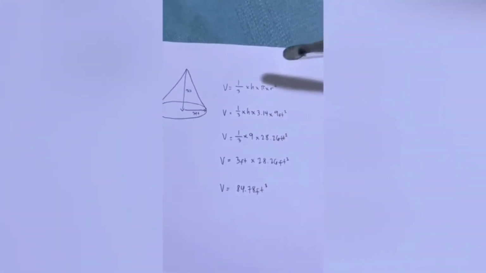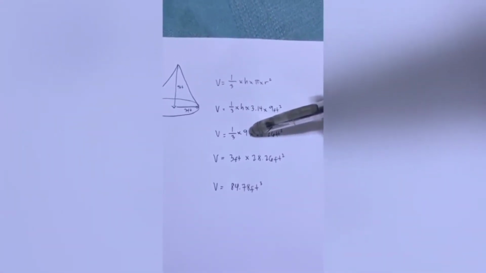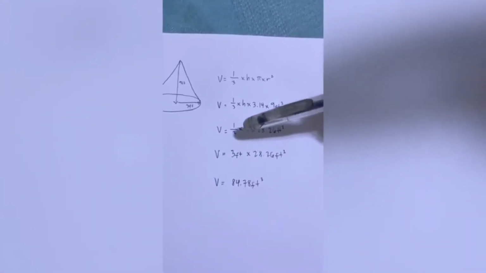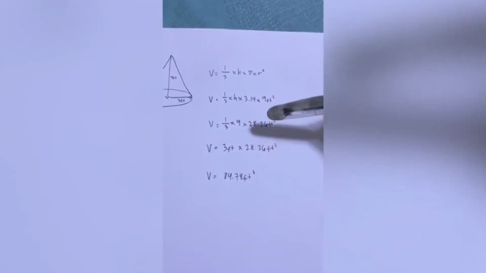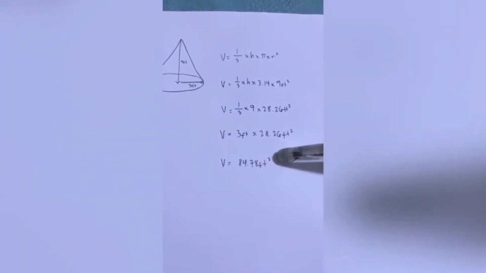And then the height of the cone is equal to 9 feet. So 9 times 1/3 would be 3 feet. So 3 feet times 28.26 feet squared would be 84.78 feet cubed. And that's how you solve the volume of a cone.